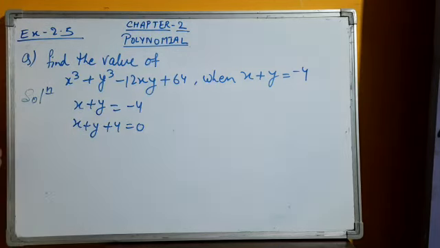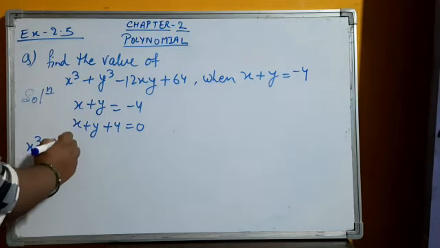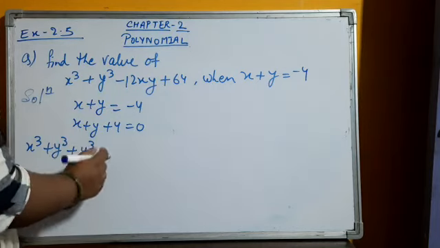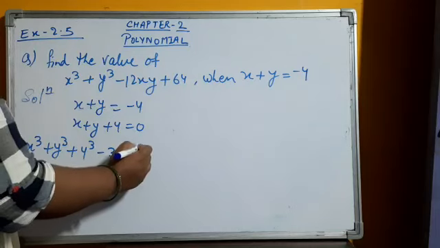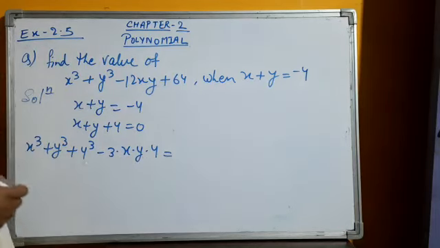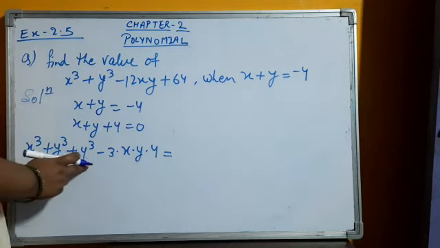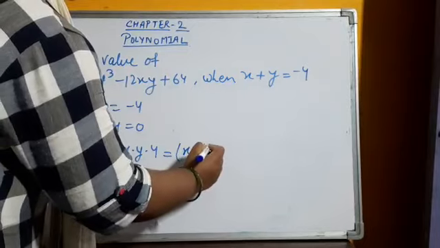Look at this. The given expression is x³ + y³. This 64 can be taken as 4³, and this 12xy can be taken as 3 into x into y into 4. So you see, the formula of x³ + y³ + z³ − 3xyz was (x + y + z) into (x² + y² + z² − xy − yz − zx).